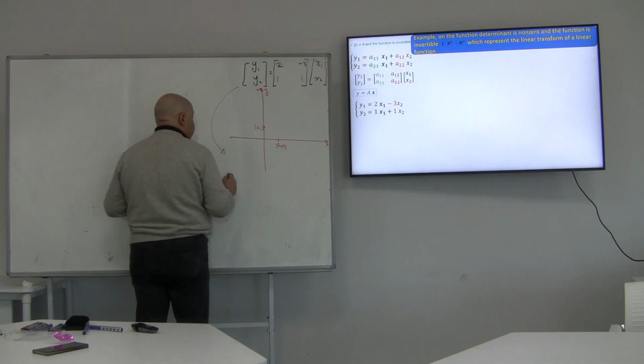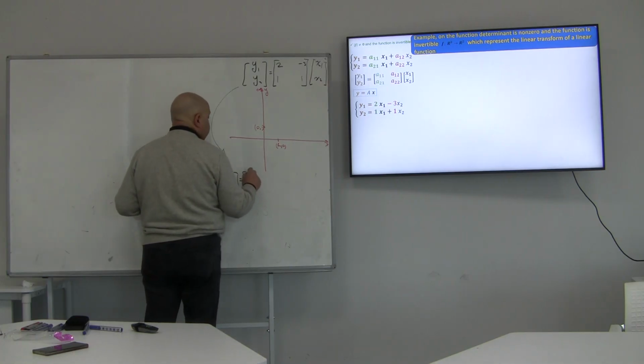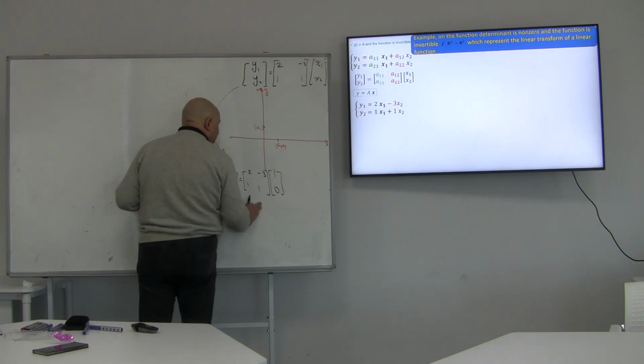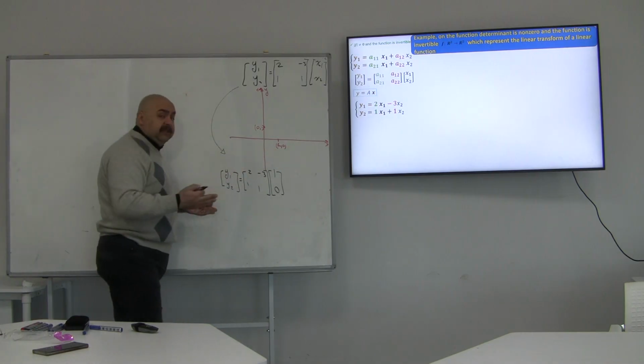all I have to do is get the corresponding values for y1, y2, and this is for the first point, with the matrix 2, -3, 1 and 1. Let's put 1 and 0 in this transform, so I will see how this point is moved.